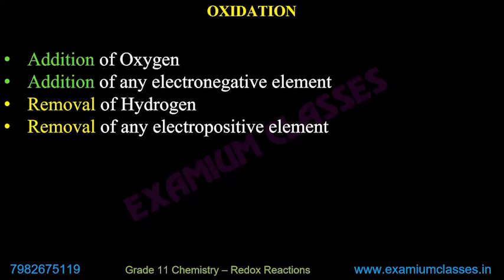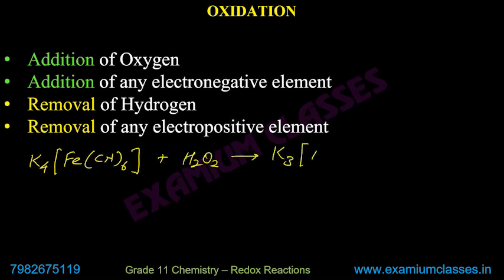For this one, the example is potassium ferrocyanide, and this is a coordination compound. We will talk about coordination compounds in 12th. And when it reacts with hydrogen peroxide, one potassium is removed.